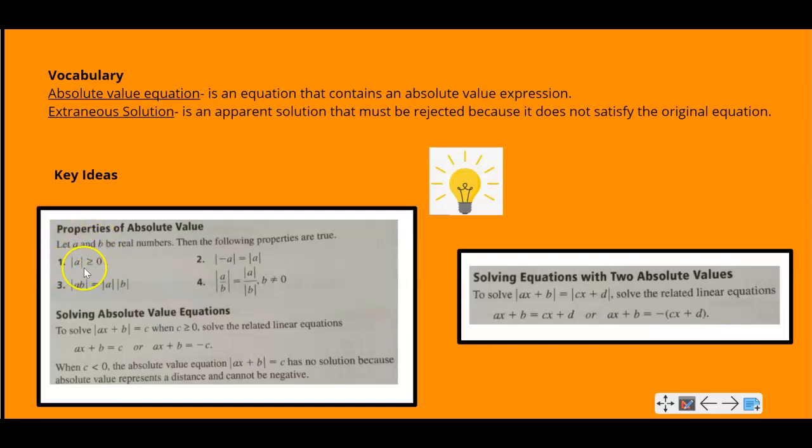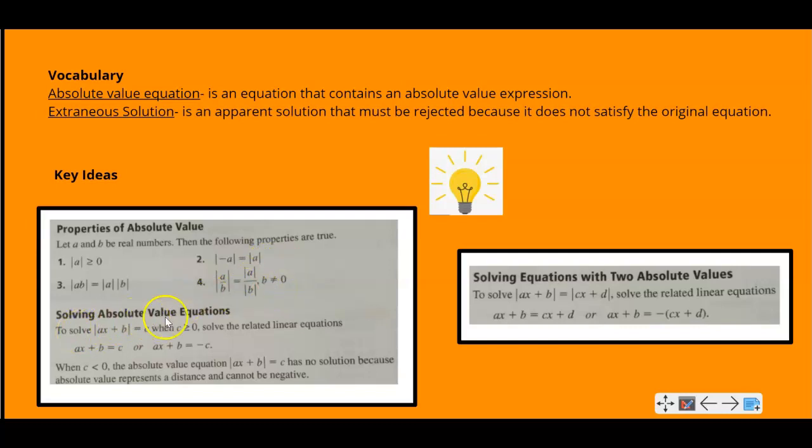So absolute value is going to represent a positive number, a number greater than or equal to 0. The absolute value of negative A equals the absolute value of A. The absolute value of A times B equals the absolute value of A times the absolute value of B. The absolute value of A divided by B equals the absolute value of A divided by the absolute value of B, where B cannot be equal to 0. Remember, you can't divide by 0 or it's undefined. So that's why you have this special circumstance here.